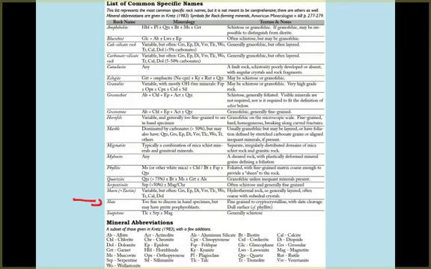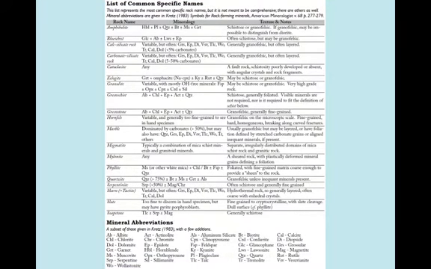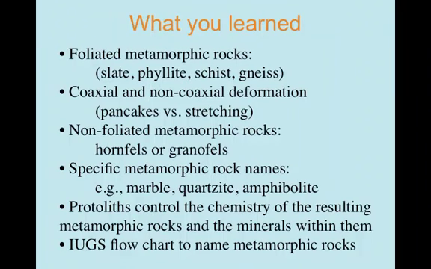Or perhaps it's a slate that has a very slaty cleavage that's well defined, but there is no sheen to it because it hasn't been metamorphosed to a high enough grade to grow the phyllosilicates. So that's a rundown on the sorts of ways and names you can name a metamorphic rock.